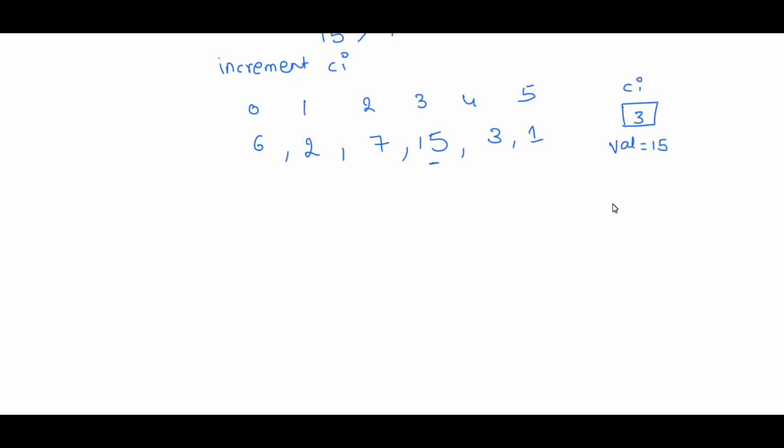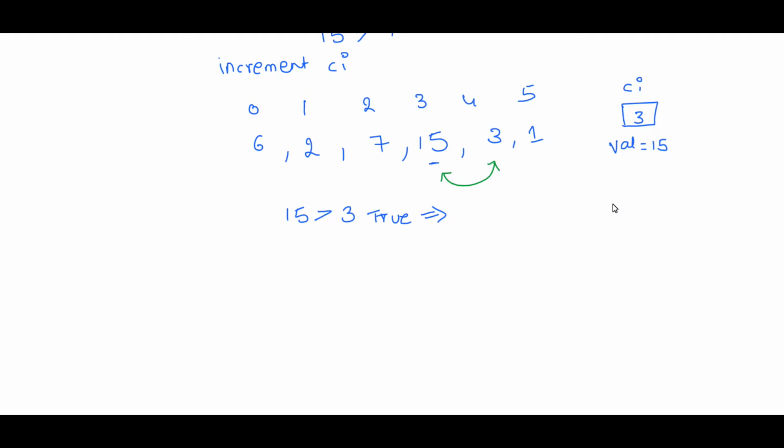This time I'm not going to write that we're comparing what with what. I'm simply going to use the color to identify that we are comparing 15 at position 3 with 3 at position 4. So as we know, 15 is greater than 3, and this means true.